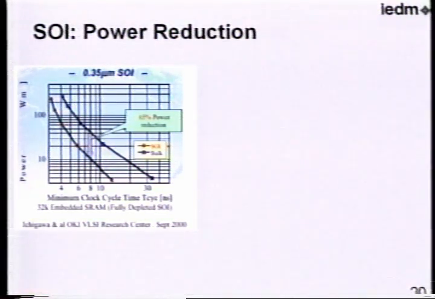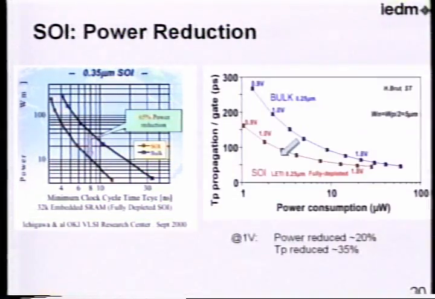You can see from the bulk device to the same device built on SOI that there is certainly an improvement in power. And here's a device that was built at Leti, the bulk device, and the device built on fully depleted SOI, and this is a 1/4 micron device. You can see there's a power reduction.